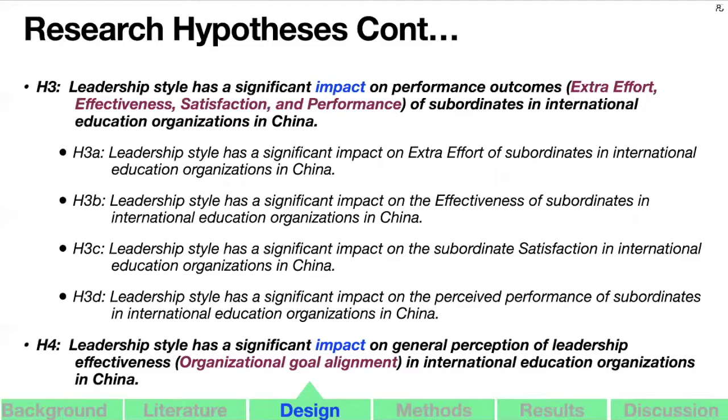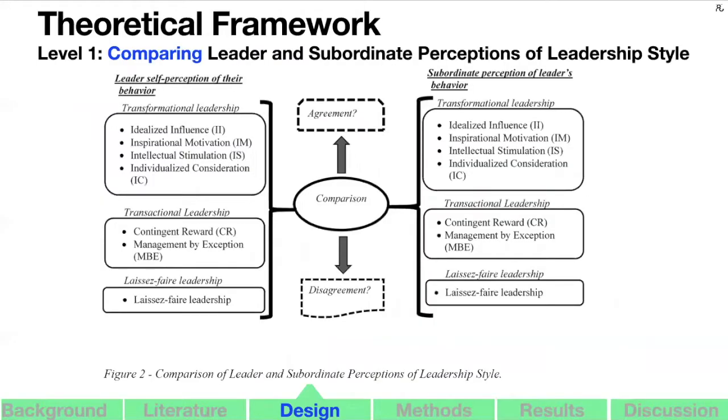And the last 2 hypotheses try to find out which leadership style had the most significant impact on the outcome variables, which included extra effort, effectiveness, satisfaction, performance, perception of performance, and perception of general leadership effectiveness or organizational goal alignment.